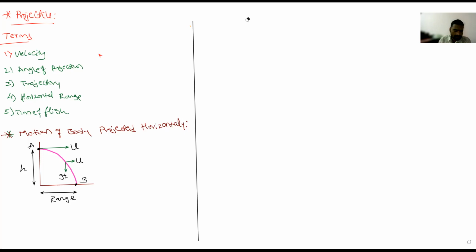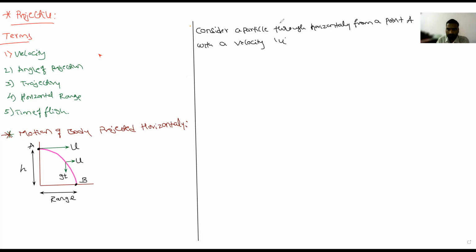Consider a particle thrown horizontally from a point A with a velocity u meter per second, as shown in the figure.